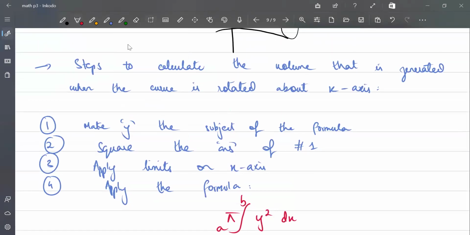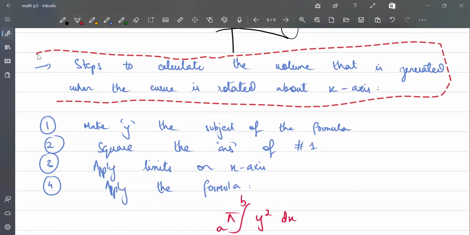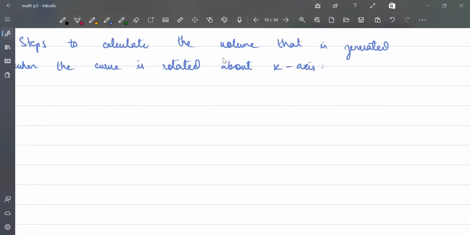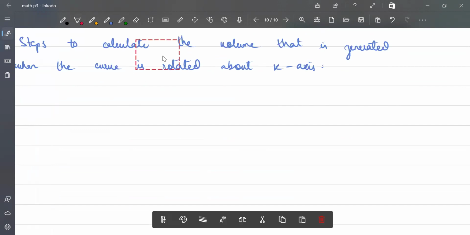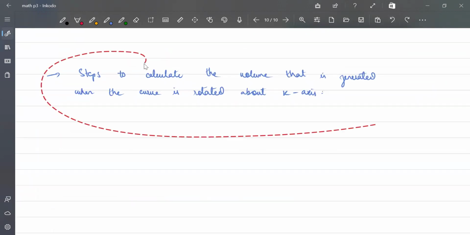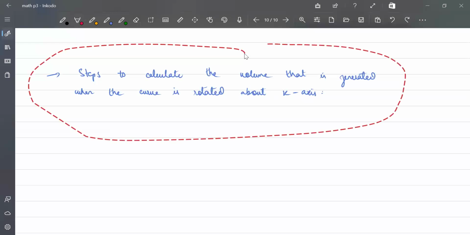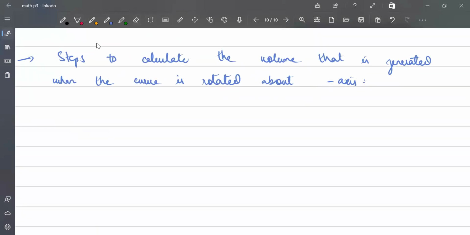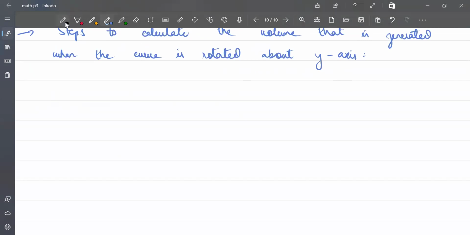Now, let's say the curve is rotated about the y-axis. The steps would pretty much be the same.